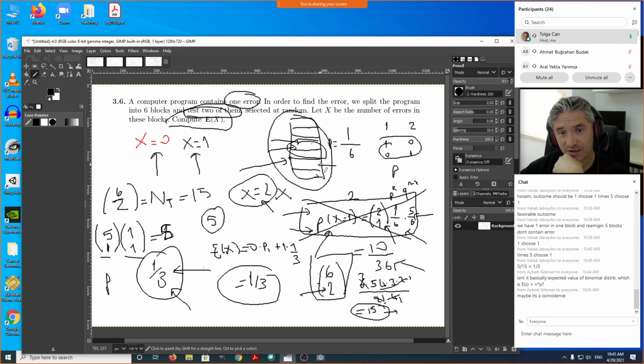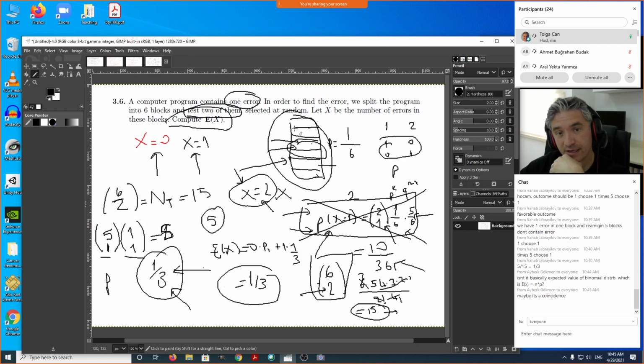For example, if we have 6 tries and somebody says you look at all 6 of them, again, the expected value is 1, but the binomial variable could have x is equal to 6 if you do 6 tries. We cannot have 6 in this case.